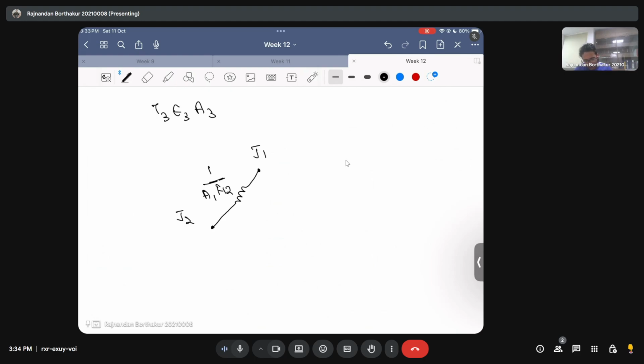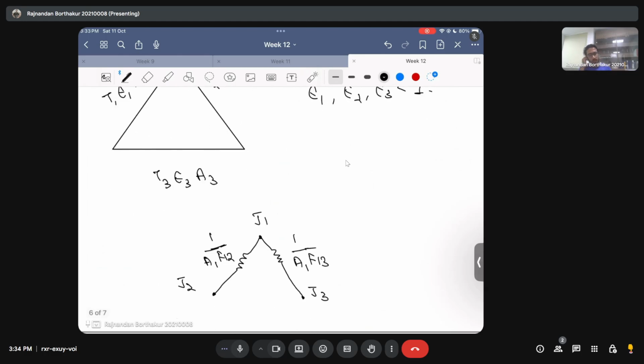Now J1 and J3 can also have a space resistance. Typically, this node will now be equal to J3, and this is going to be equal to 1 by A1 F13. Okay, I hope you are with me so far.